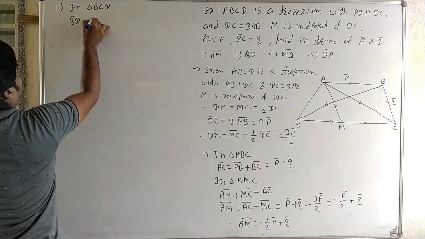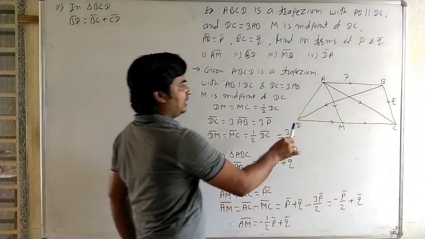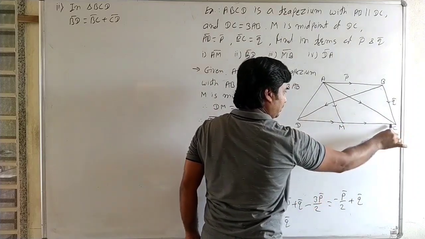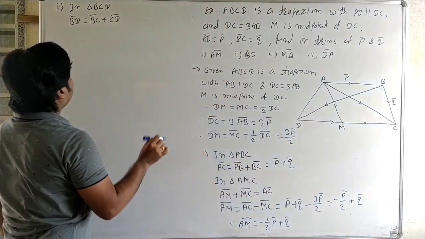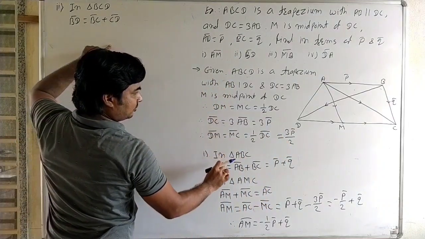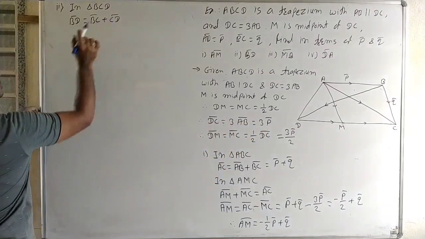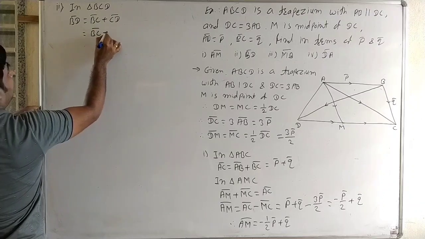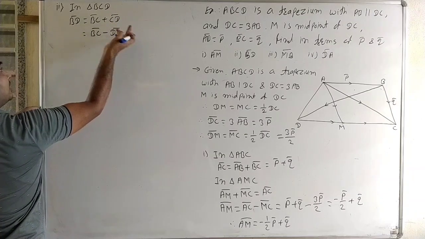We know DC is 3P bar, but here we need CD, which is minus DC.